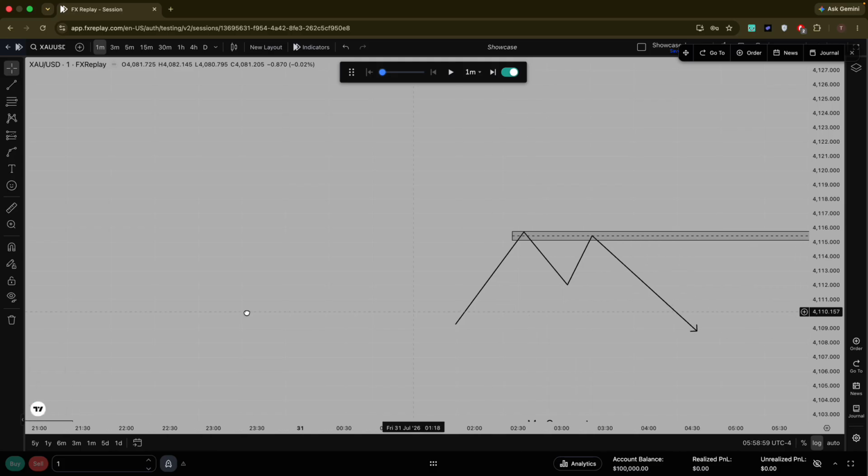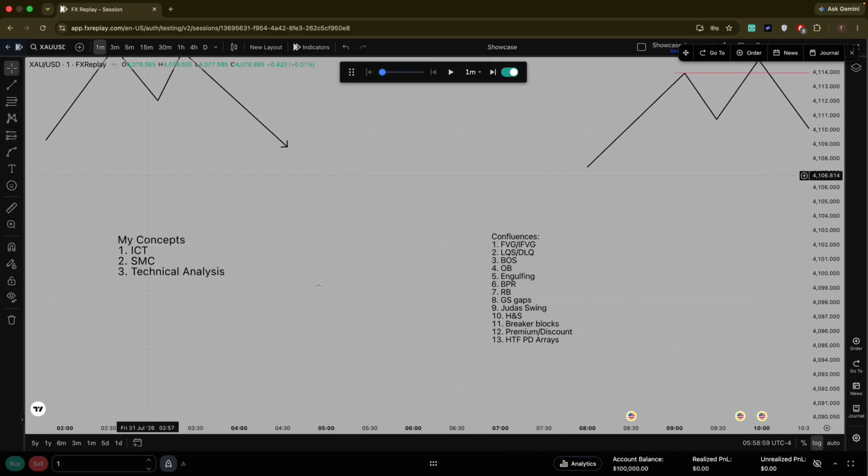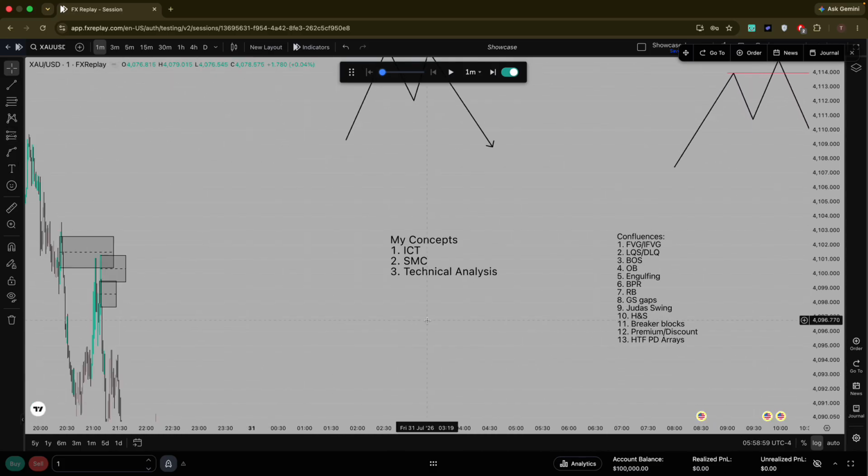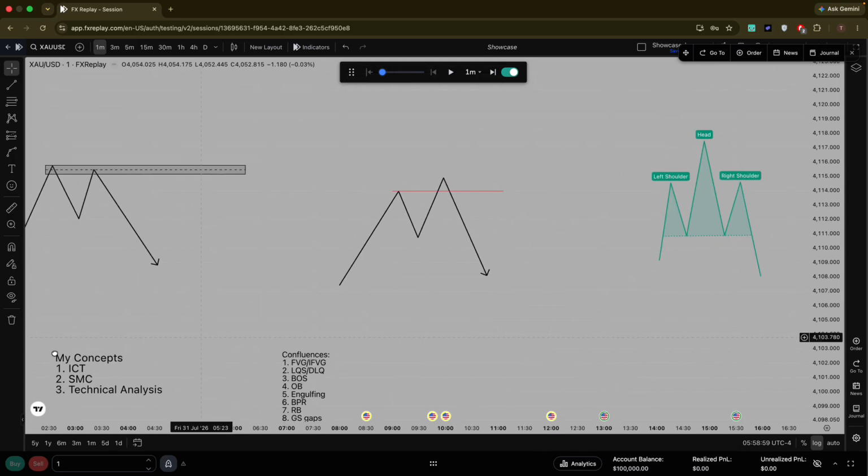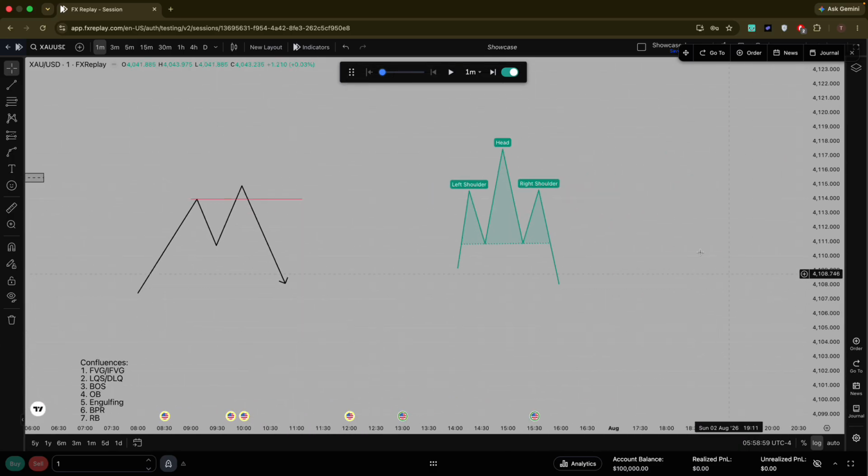Okay, let's move all the way back here. Now, we have a head and shoulders pattern. Again, fairly simple. Price will set up a high, then a higher low, then a higher high, then we have two equal lows. It won't always be equal, but they'll be relatively in the same spot. And then after that, price creates a new head.